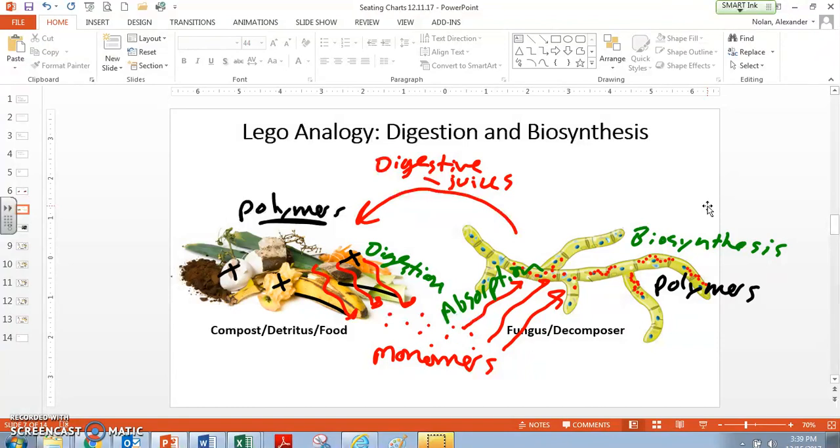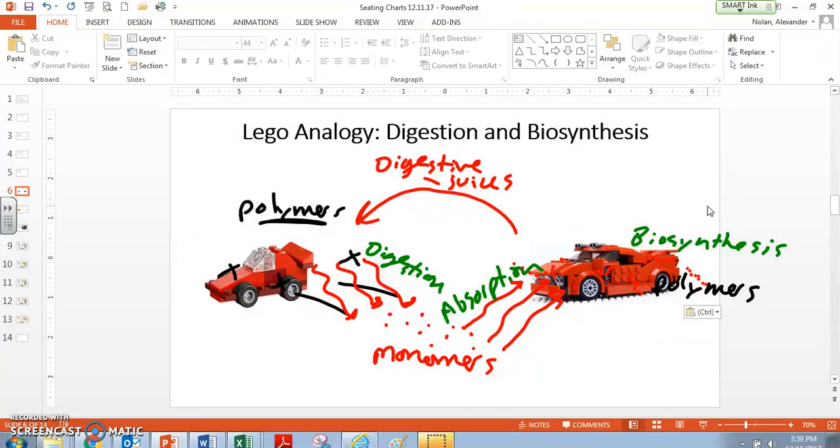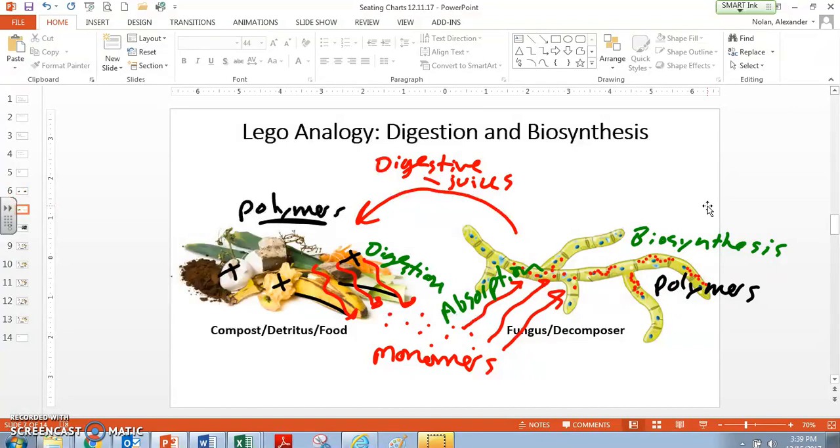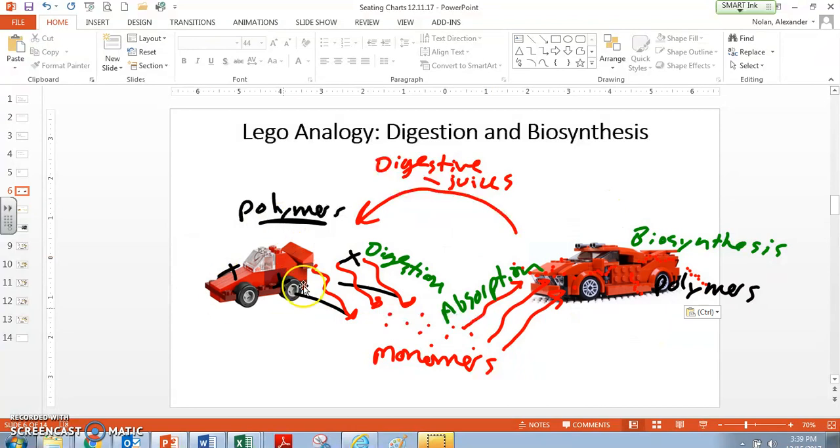So that's how this analogy is supposed to look. That's sort of how it works. When we look up here, we really have a very similar situation to what's going on in the real world. Here we've got a car which is broken down, made into pieces, and then built into another car, somebody else's car.